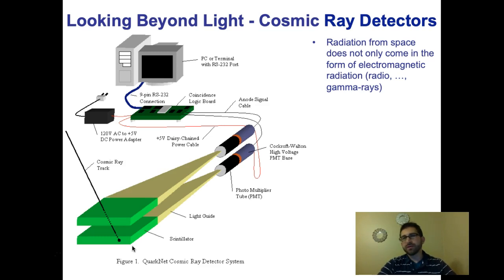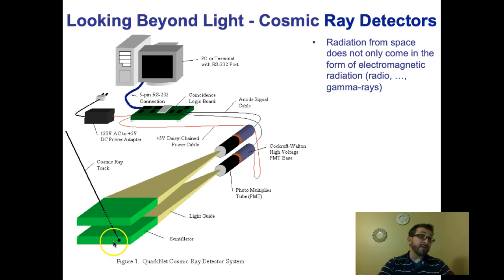But how do we detect them? We detect them through a process of coincidence. Yeah, like a coincidence. We've got something called a scintillation paddle. These are basically pieces of plastic that have the ability to transmit signal in the form of a small electric charge when a particle hits the scintillation paddle.